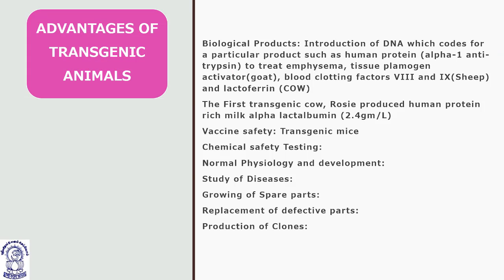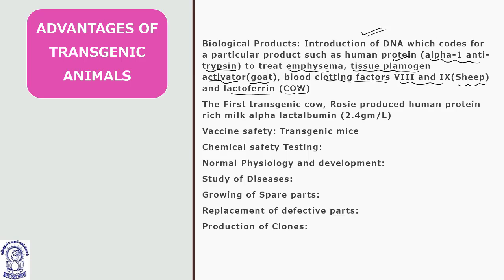Advantages of transgenic animals for the production of biological products like the human protein-rich alpha-lactalbumin, which is produced in milk by the first transgenic cow, Rosie. Biological products like introduction of DNA which codes for a particular product such as human protein alpha-1 antitrypsin, which works against diseases like emphysema, tissue plasminogen activator from goat, blood clotting factors 8 and 9 from sheep, and lactoferrin from cow.